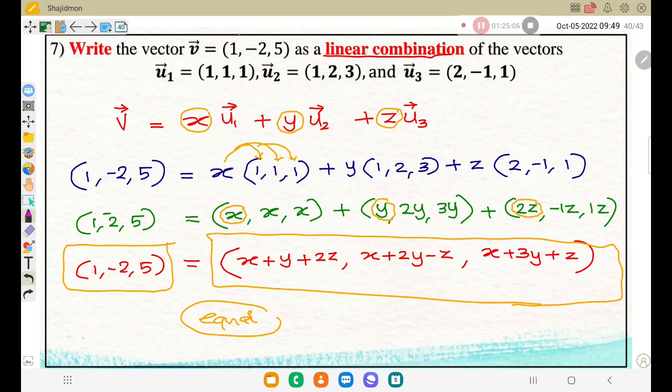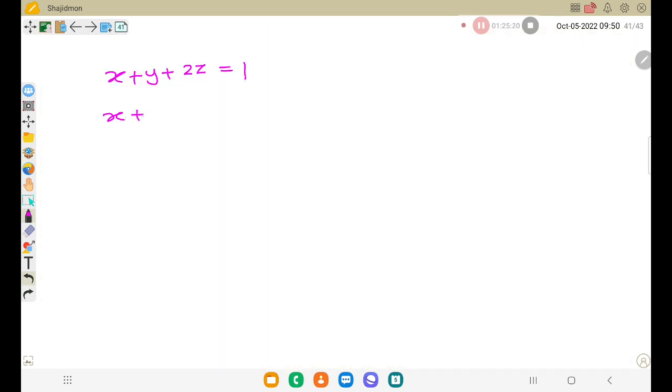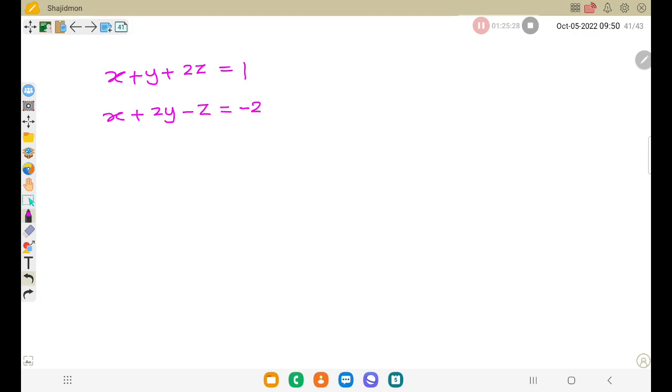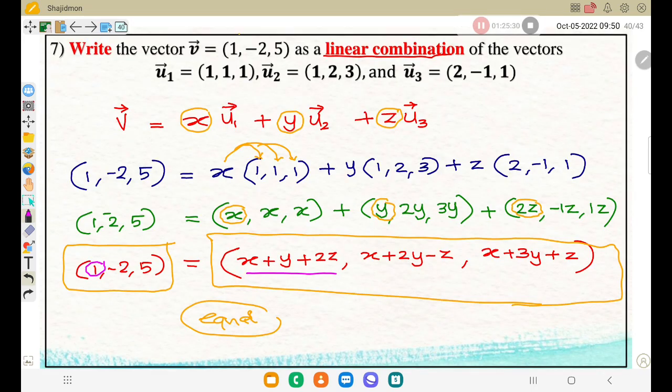These two are equal. Now second component: x plus 2y minus z equals minus 2. Now third component, what is the third component?